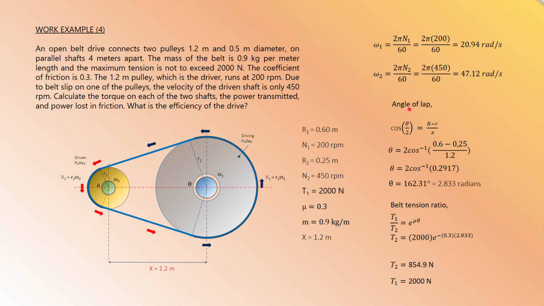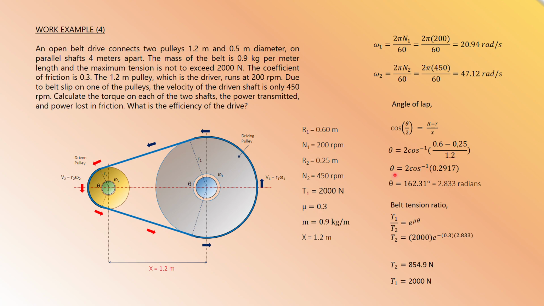Now, the angle of lap. The purpose of the question giving us the diameter of both pulleys and the center to center distance is to find the angle of wrap, or angle of lap. In this case, they have not given us any angle of lap or wrap. So just substitute your radius and the center to center distance. If you are working on 4 meters apart, this should be 4, please, class.